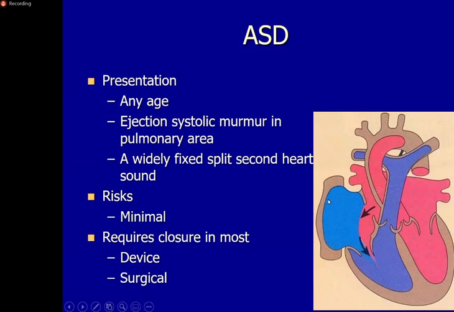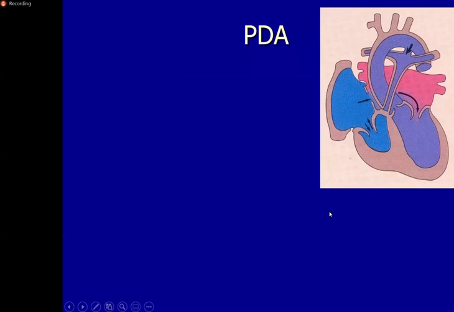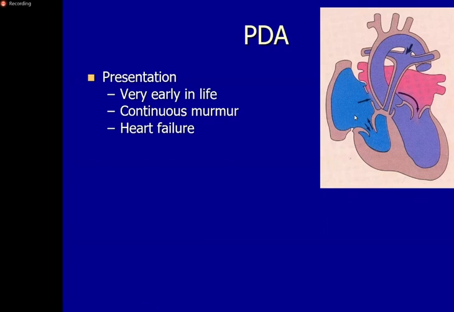Then of course the PDA, you can see what will happen is that very early in life there is a continuous murmur. Blood comes into the aorta, and the pressure in the aorta is higher than the pulmonary, so it will also go to the pulmonary side. So more blood will now go into the lungs.